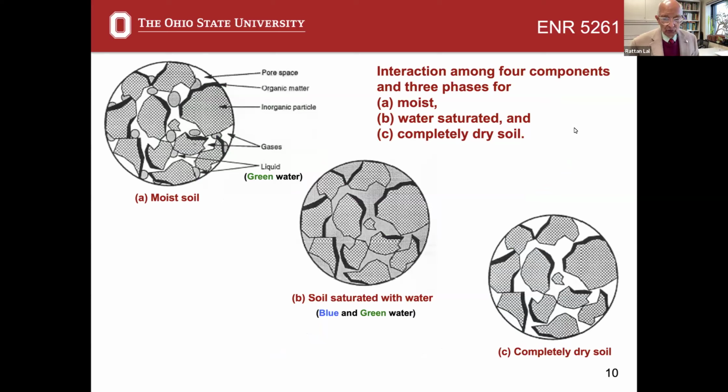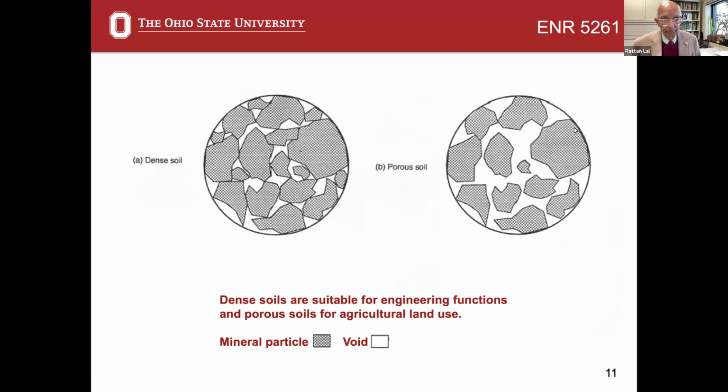So A is a moist soil, B is a completely saturated soil with water. That means all pores are full of water. And then where the soil is completely dry, it has only air in it and no water. So we have moist soil, water saturated soil, and completely dry soil. And we will study dynamics of soil in relation to moisture, water, and air in soil at different levels.